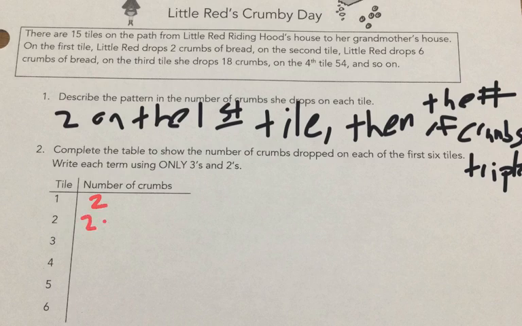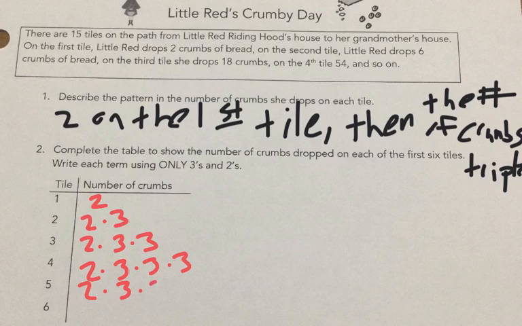There we go. How many was on the third tile? 2 times 3 times 3. And on the fourth tile? 2 times 3 times 3 times 3. And on the 5th tile. And the 6th tile.